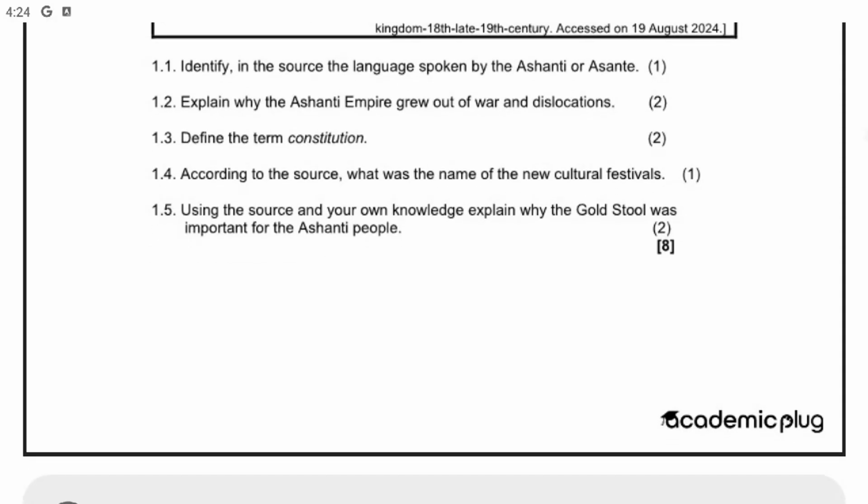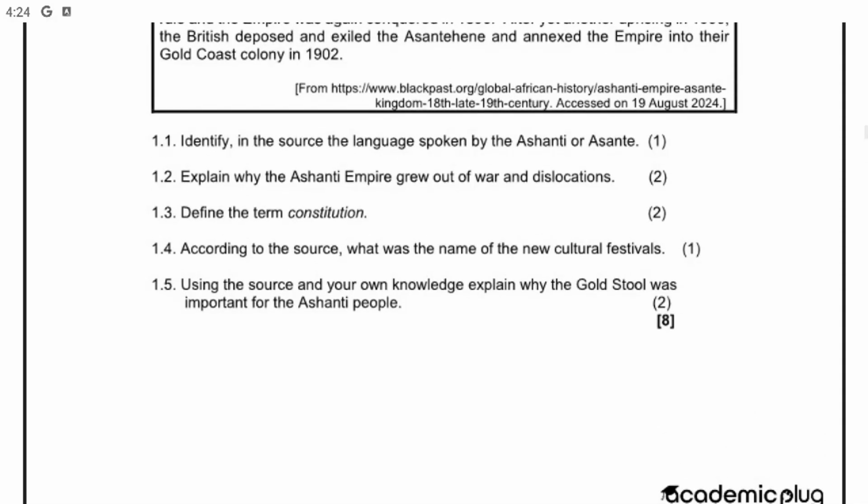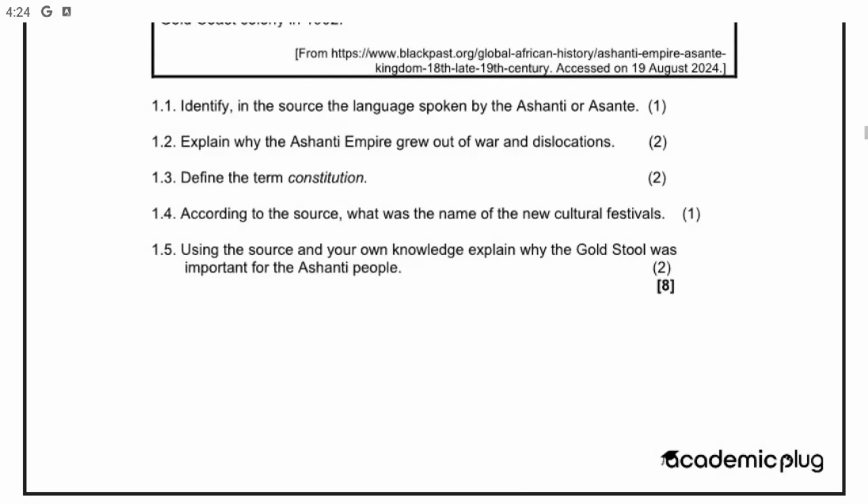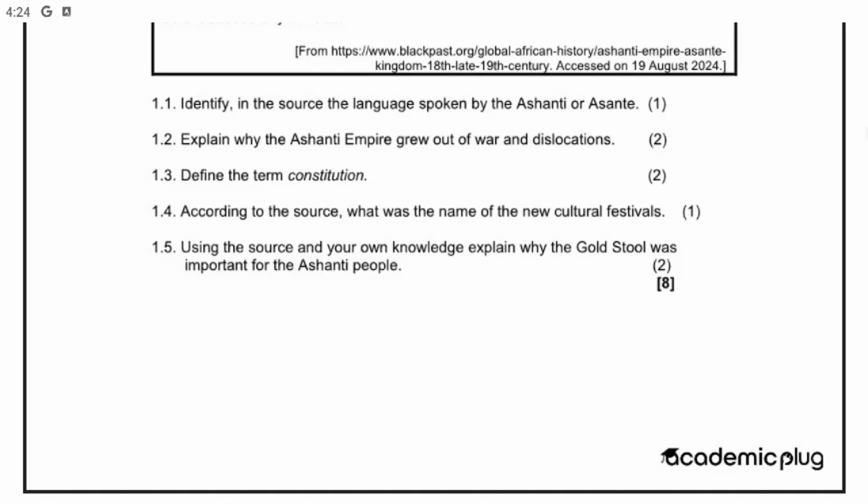The context will become very essential for you. For the first answer, it was stated in the context, in the source, the language that was spoken by the Ashanti or Asante people.